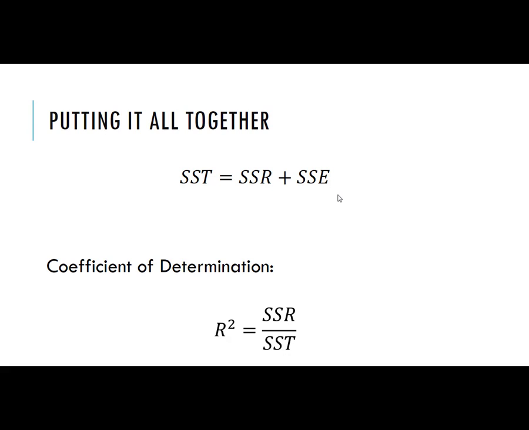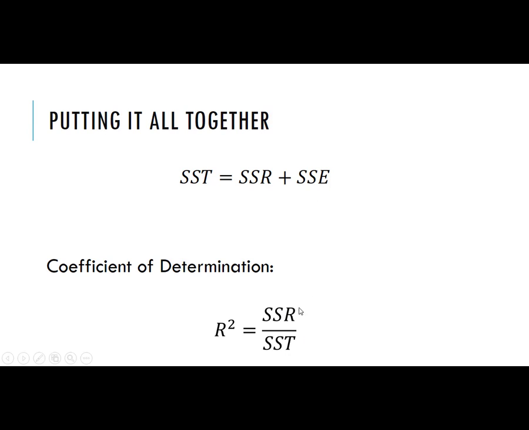Then our coefficient of determination, which is R squared, the thing we were trying to come up with, is the sum of the squares of the regression divided by the total sums of squares. So if all the deviation that we're seeing is due to the regression, the bigger this top number is compared to the SSE, then the bigger R squared is going to be.